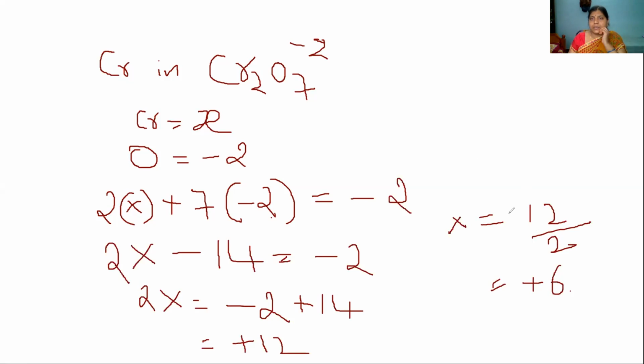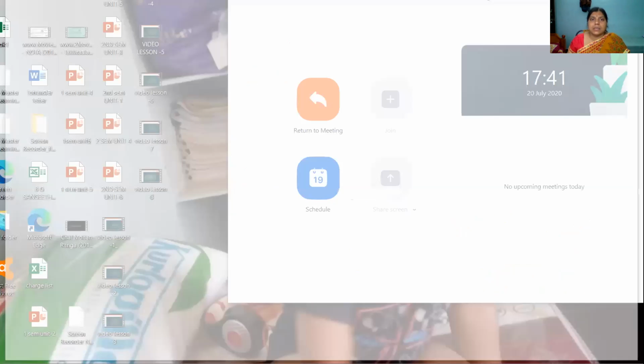So the oxidation state of chromium in Cr2O7 minus 2 is how much? Plus 6 is the oxidation state of chromium in Cr2O7 minus 2. Like this, you have to calculate the oxidation state of atoms in a complex ion.